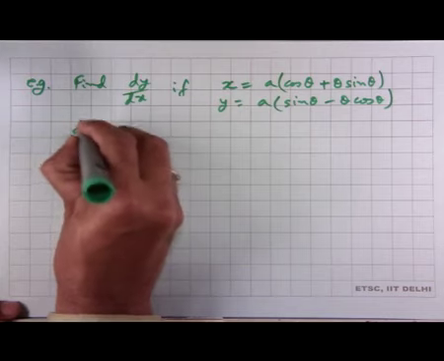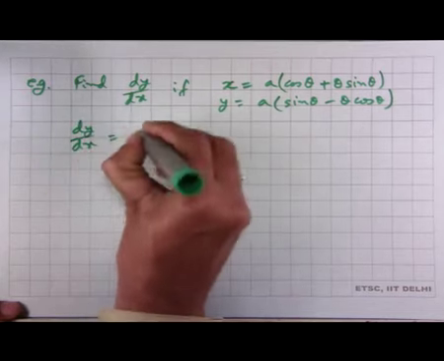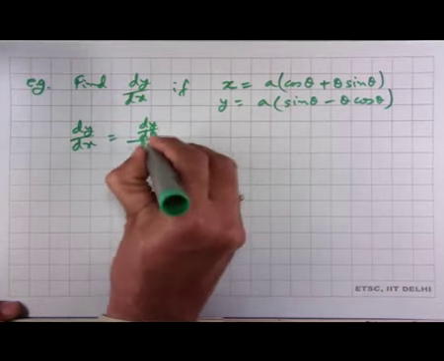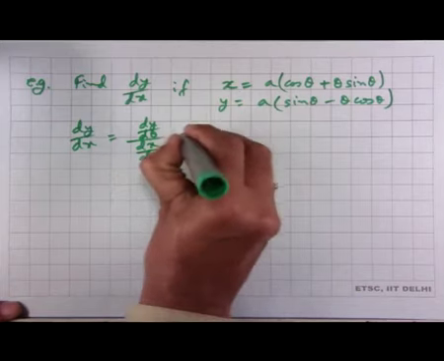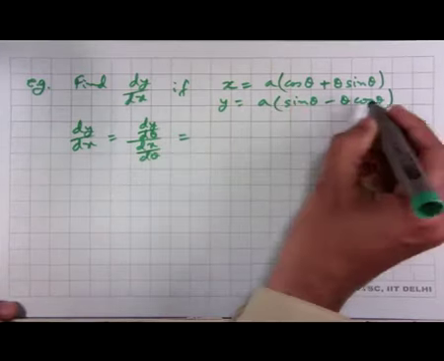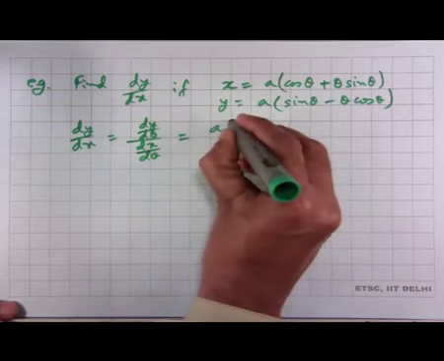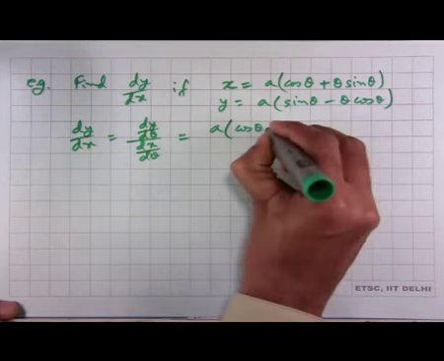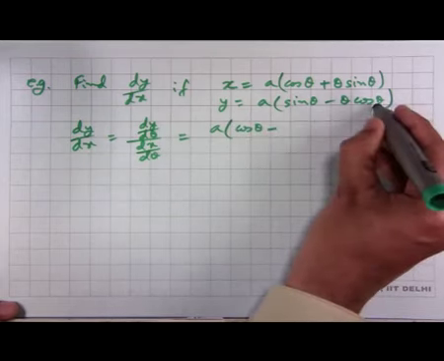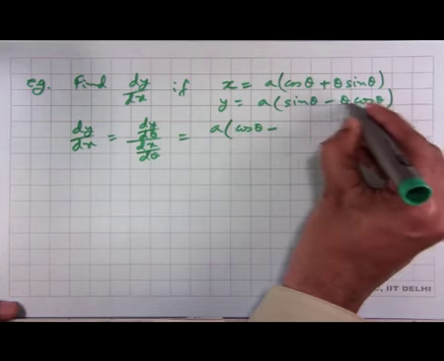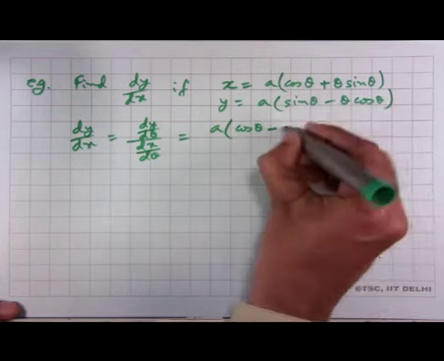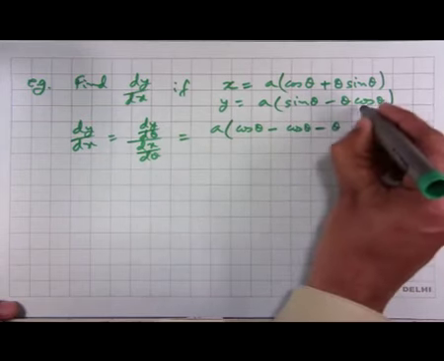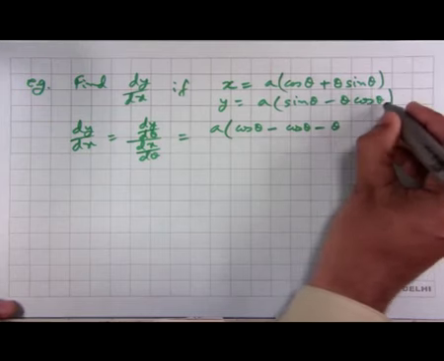So, dy dx is equal to dy d theta by dx d theta. dy d theta is equal to a times, if you differentiate this, sin theta gives cos theta minus the derivative of theta cos theta, which by product rule, since the derivative of theta is 1, gives cos theta minus theta times the derivative of cos theta, which is minus sin theta.